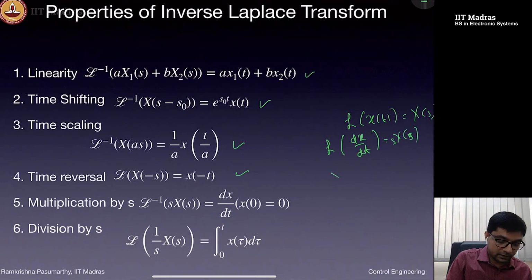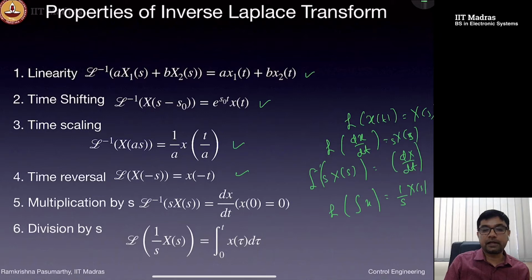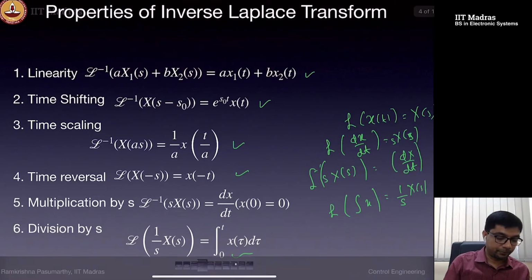Now, if I take a signal s times X of s and do the inverse Laplace, I should be able to get back dx by dt. So that is what the multiplication by s does. And similarly, the division by s: the Laplace transform of the integral of x was 1 over s times X of s. Therefore, division by s should give me back the integral of the original time signal.